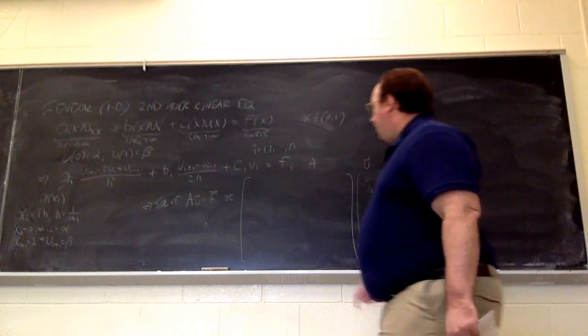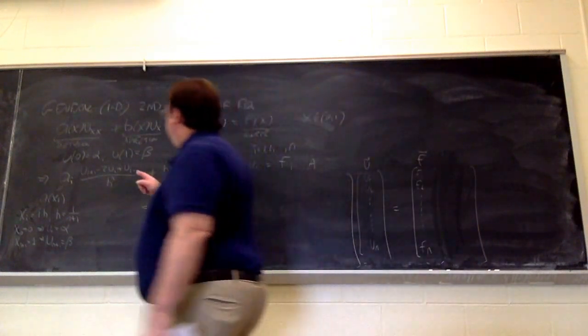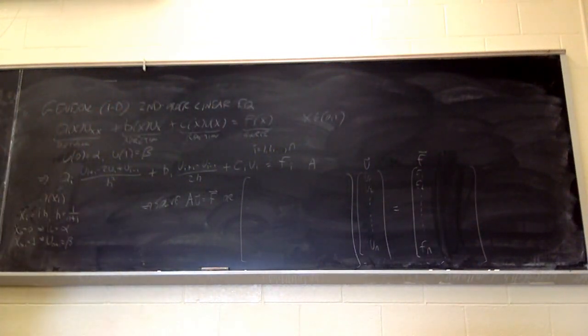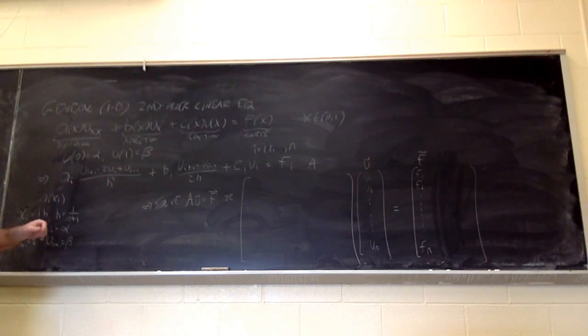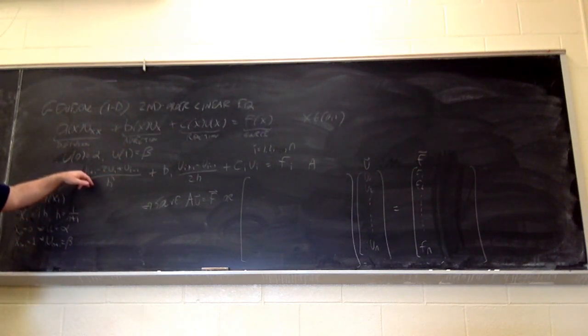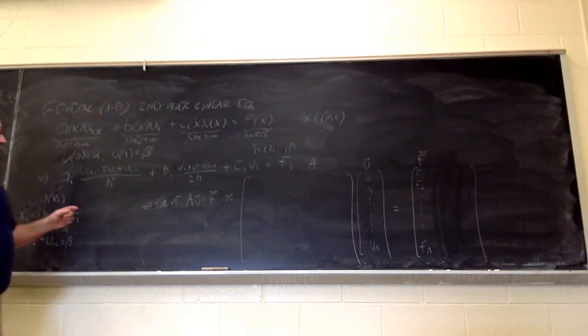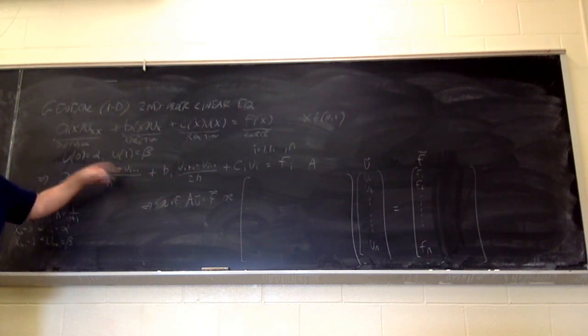Now, as for what goes in the matrix, first of all, in row i, we only feature ui plus 1, ui, and ui minus 1. So whatever's multiplying ui goes on the diagonal. Whatever's multiplying ui plus 1 would go on the superdiagonal, and whatever is multiplying ui minus 1 goes on the subdiagonal.